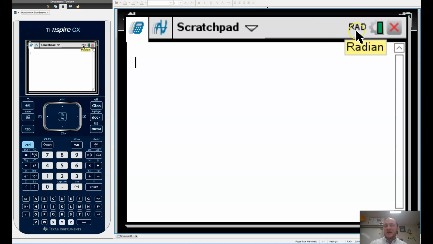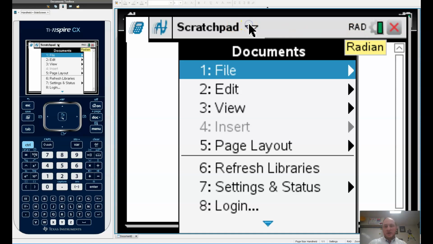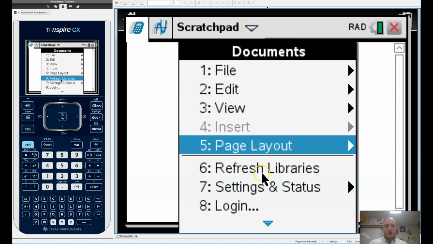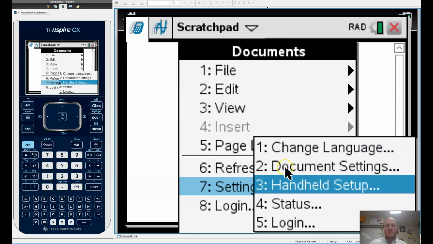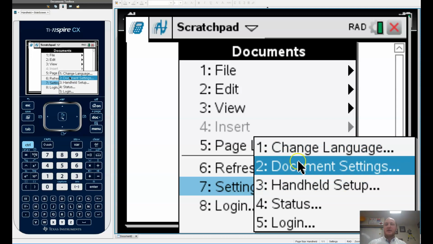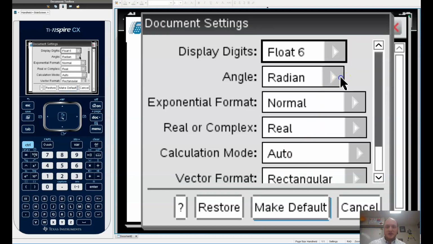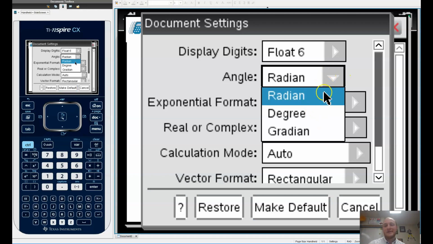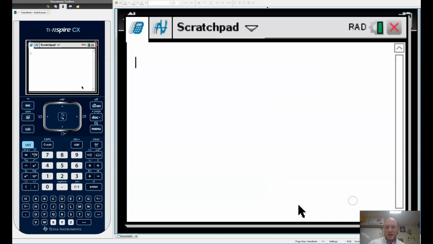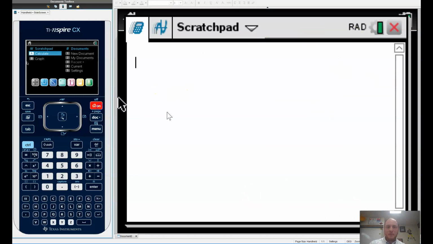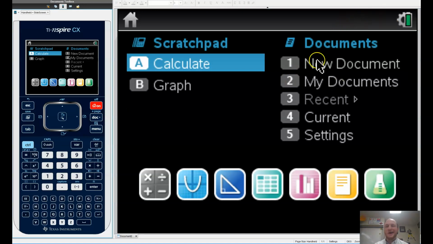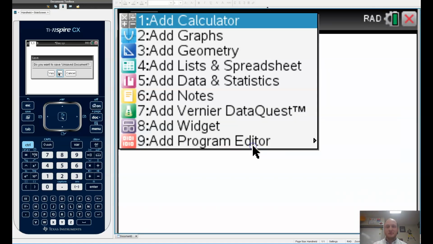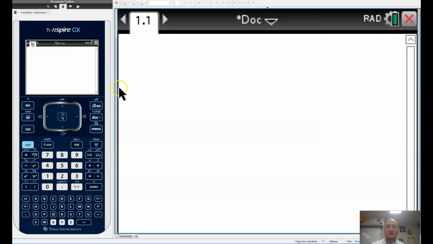Now, if it does say DEG, then you can go up here to your drop-down menu, to settings, and then go to document settings, and then here is how you change from radians to degrees. Okay, but now if you use a document, so here, new document, calculator, and up here it says radians again.